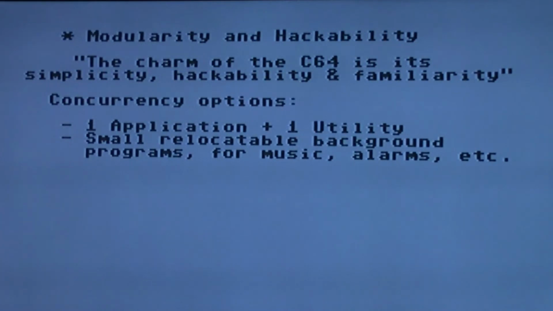You can run small relocatable programs in the background. They're limited, but you could use them, for example, to play SIDs or to make an alarm clock. And there are timers. Timers let you schedule timed events, so you can have an animation on, say, a utility that's doing something. At the same time that you're interacting with the application, the utility is updating itself because it has these timed events.